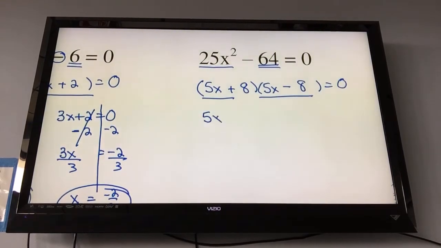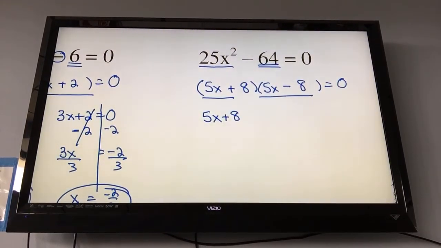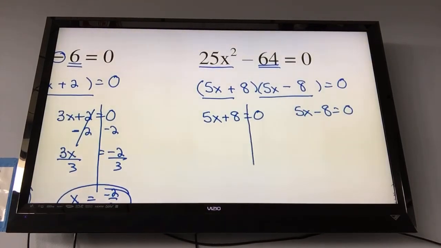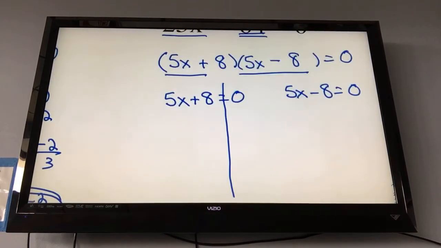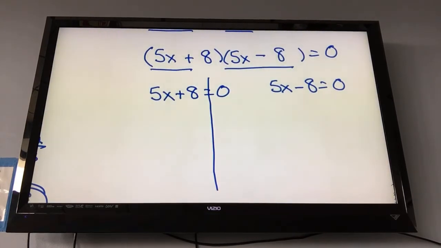All right, so either 5x plus 8 equals 0, or 5x minus 8 equals 0. Okay, Jacob, I'm gonna solve this one on the left. What do I do first? Minus 8.